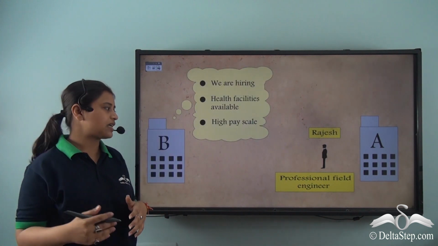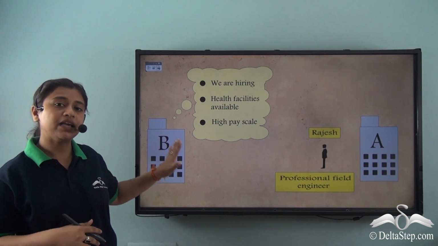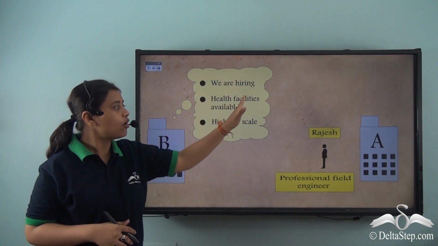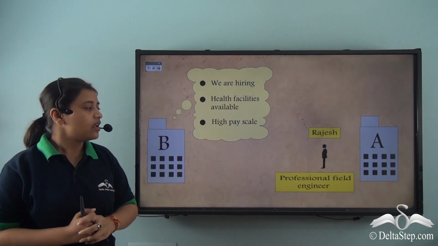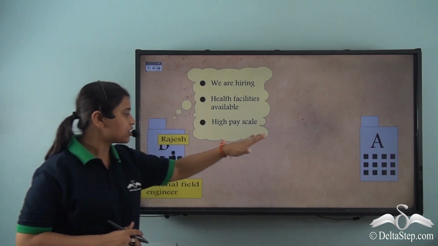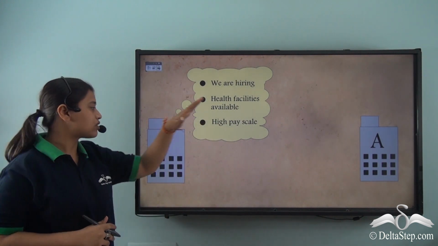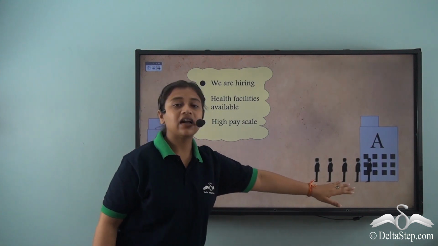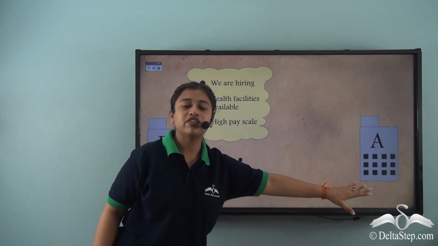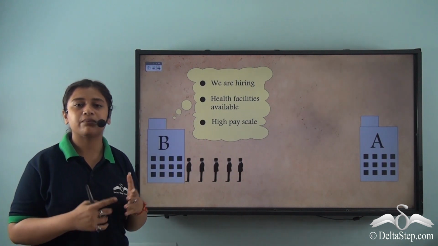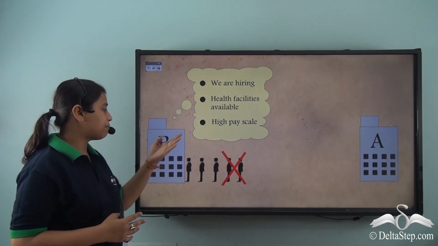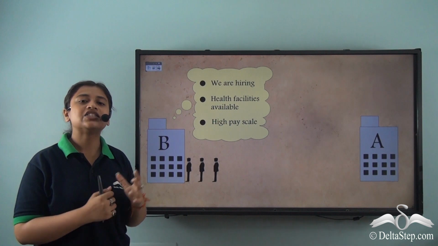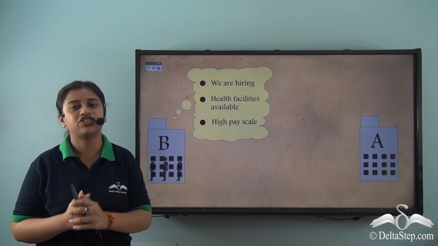Now after some time in the same area, company B offers a better job offer. Now, seeing this, Rajesh moves from company A to company B. Now, after him, another 5 employees from company A, on whom company A had spent time and resources, also come to company B for a job, and here 3 get through while 2 get rejected.